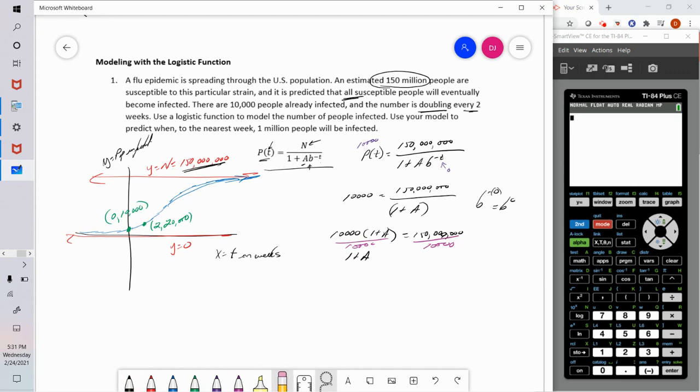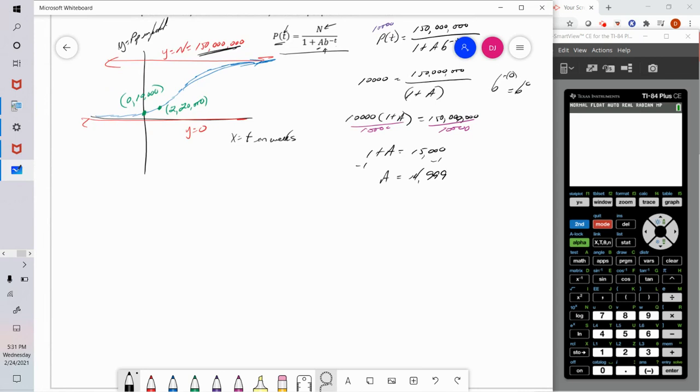So 1 plus a will equal 15,000. And subtract 1, so a is equal to 14,999. So what I'm doing is I'm trying to build that function.